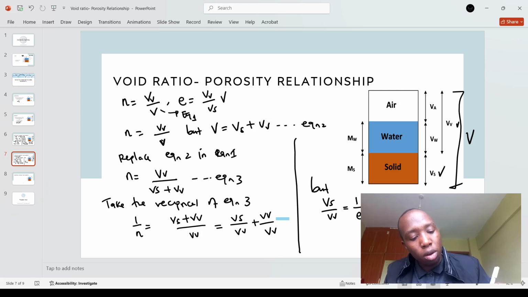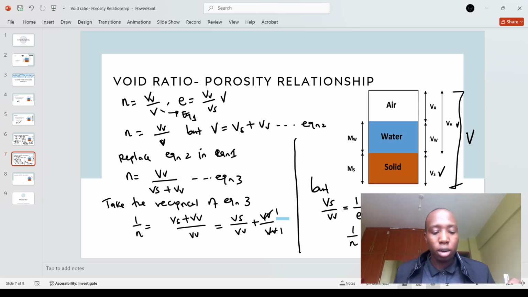Therefore 1 over n will be 1 over e plus, the Vv and Vv cancel, 1 over 1. Performing simple mathematics, what will we get? The LCM is e, so 1 plus e divided by e, e times 1 is e. So we'll have 1 over n is equal to 1 plus e over e.